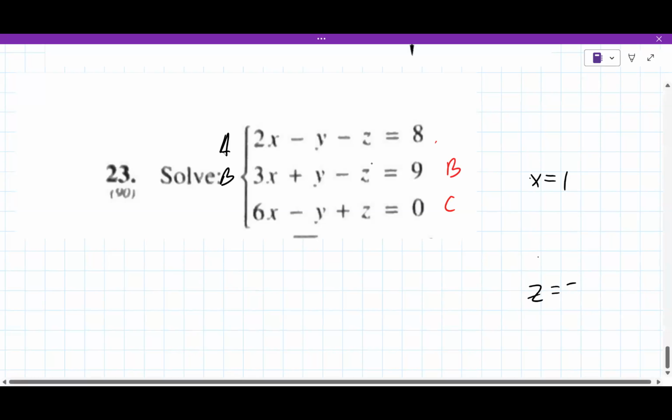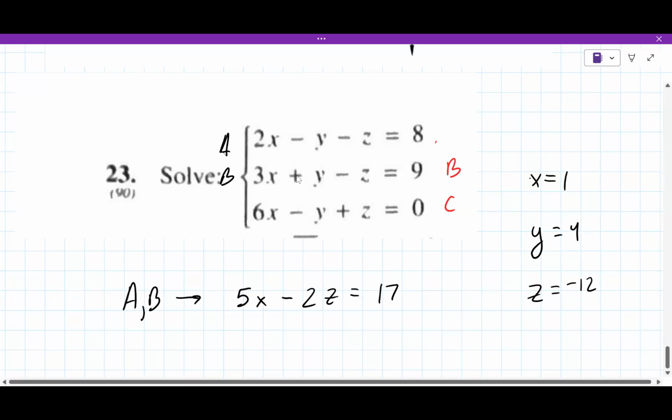Okay, what I got? Keep going. What does Y become? Y equals 4.